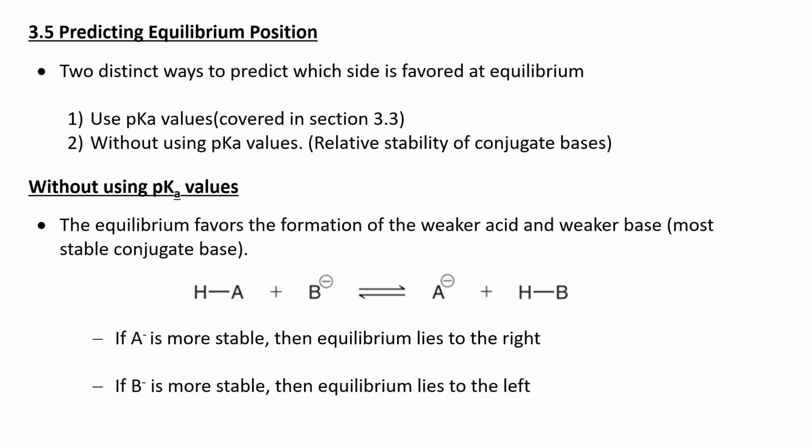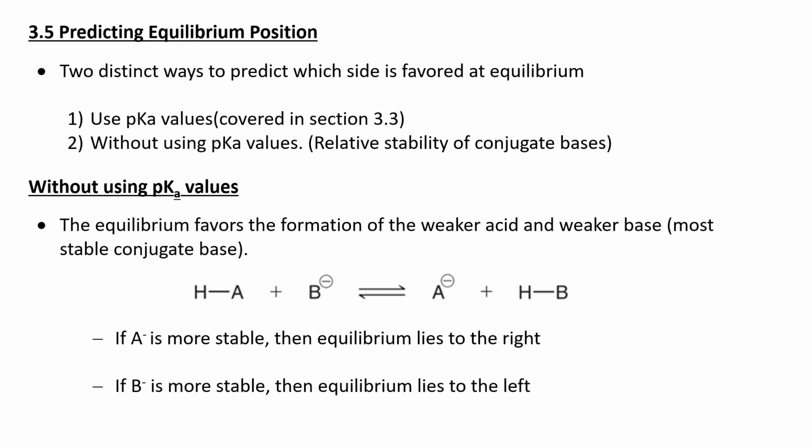All right, moving along to section 3.5. Now that we know the ARIO system to compare relative acidity, we can use this to predict the position of an equilibrium. If you remember, in section 3.3 or 3.4, we were using our pKa tables to do this and assigning the pKa values to the acids on both sides.